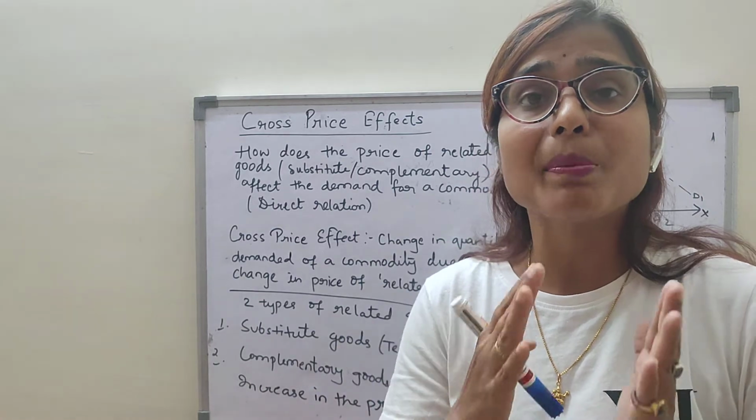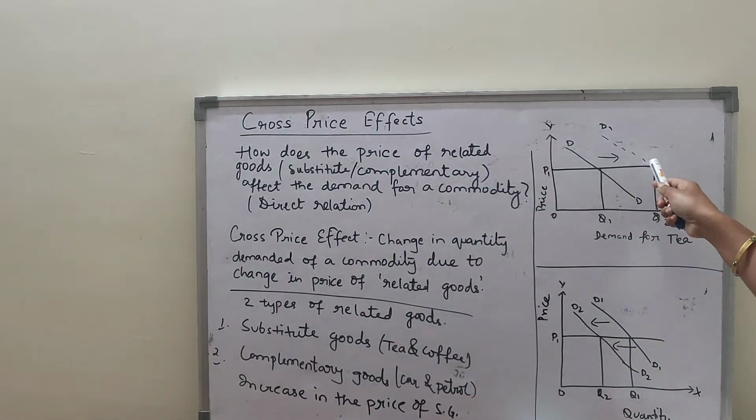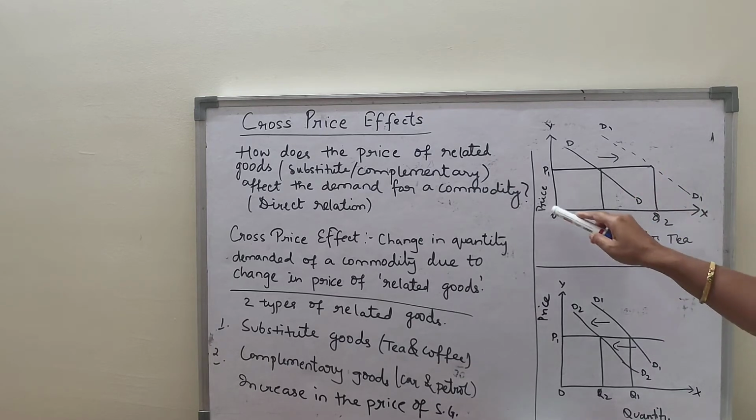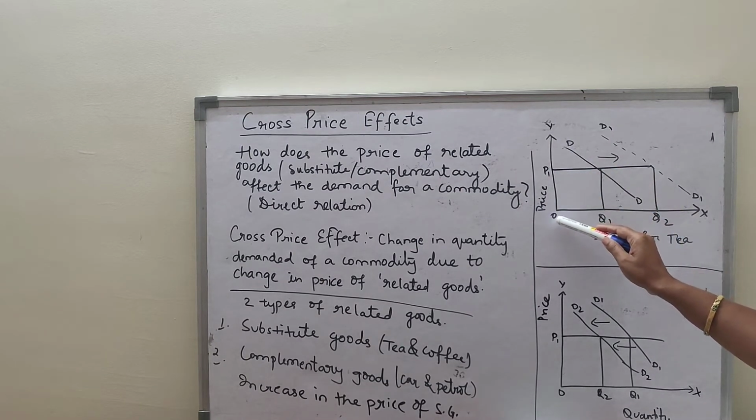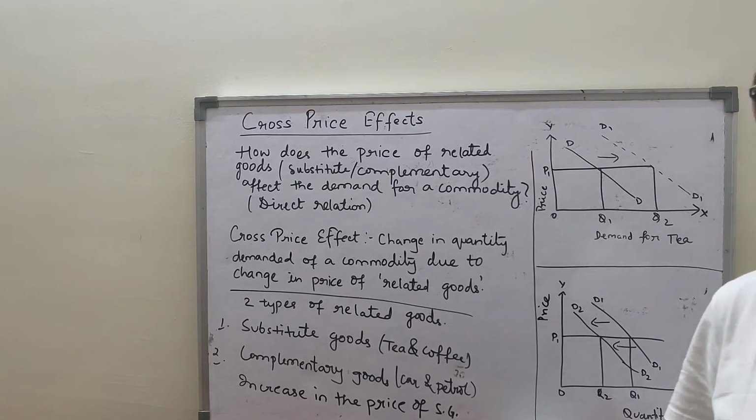Clear? So what happens? My demand curve will shift forward. That means increase in demand for tea. See, the price of tea I have taken on the vertical axis and demand for tea on the horizontal axis. Now you see, when the price of tea is OP1, quantity demanded is OQ1. Clear? Now what happens when the price of coffee increases?